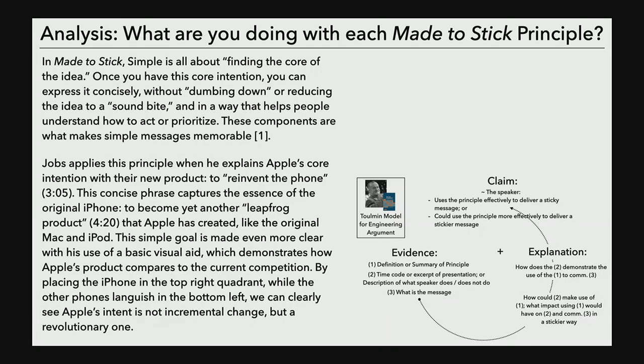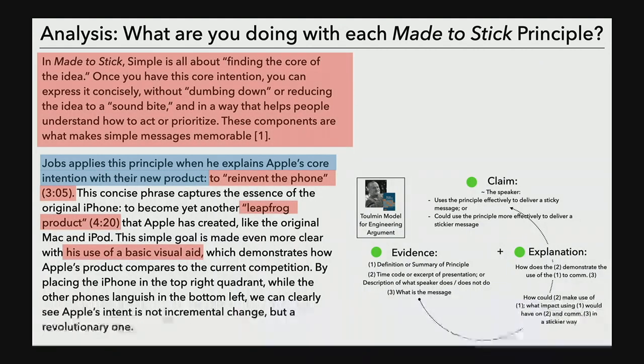Okay, and in this example, you can see these separate elements a little bit more clearly. So clearly there are all of these three components here. There's a claim that's clearly articulated: Jobs applied this principle when he explains Apple's core intention with their new product, okay? You have evidence that's being presented here. You have the principle that's being explained in a very specific way.